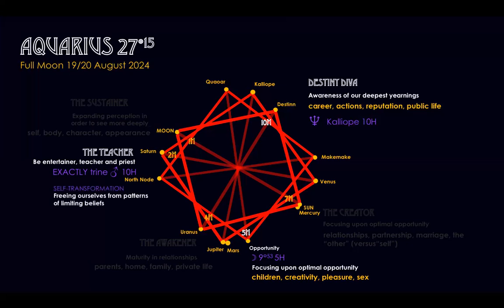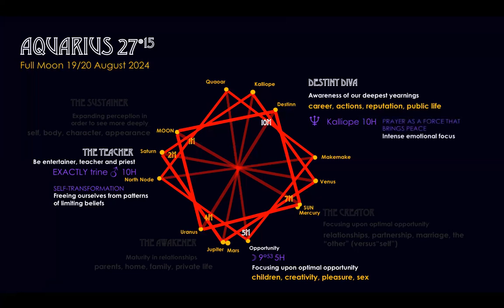So I've now added in here the summary of the Sabian symbol for my natal placement. This is for my Mars in Scorpio, it's about self-transformation and freeing myself from patterns of limiting belief.